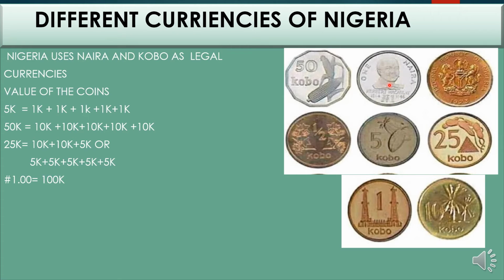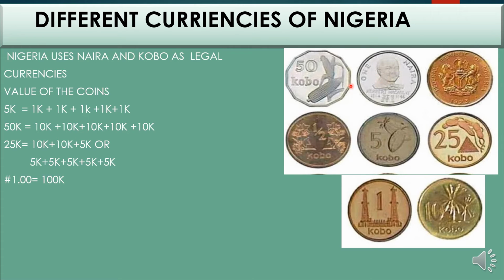The 1 naira coin is bigger than 50 kobo coin, bigger than half kobo coin, bigger than 5 kobo coin, bigger than 25 kobo coin, bigger than 1 kobo coin, and bigger than 10 kobo coin.